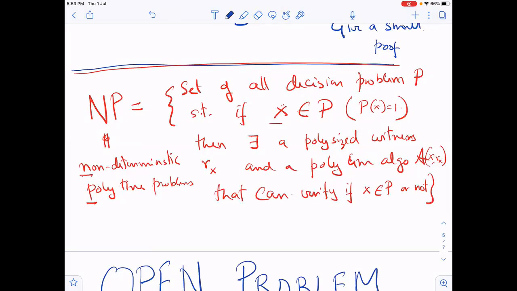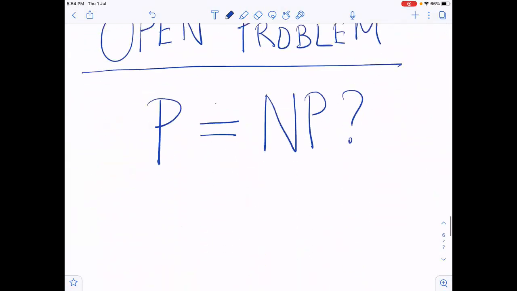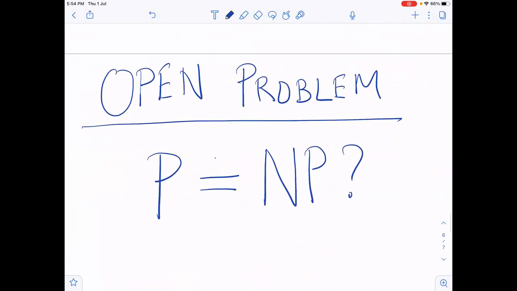Of course, there is a lot more to be done. I told you that we were talking about reduction and all those kinds of stuff, and of course we will come to that. In the next class, we will start from the definition of P and NP and talk about some more important stuff.